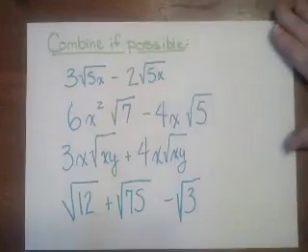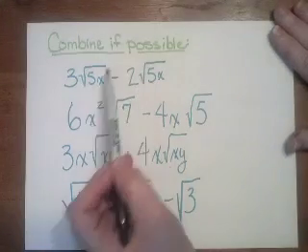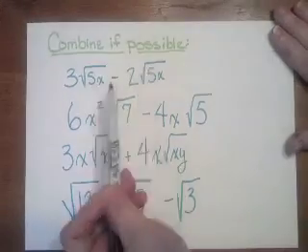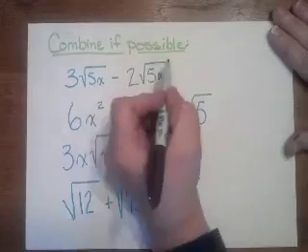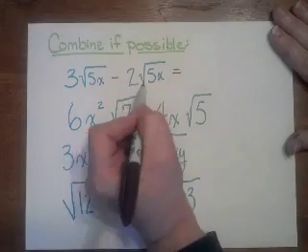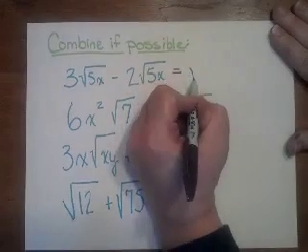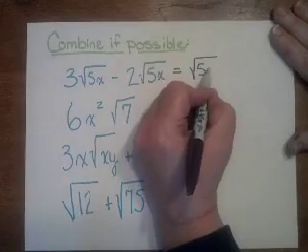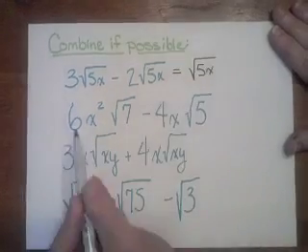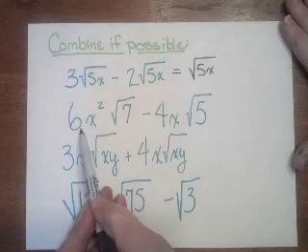Are these like radicals? Well, we have both the square roots, and they're both 5x, so yes, I can combine. Then I take 3 minus 2, and I get 1 times the square root of 5x, or I don't need to put the 1 there, I can just say the square root of 5x.